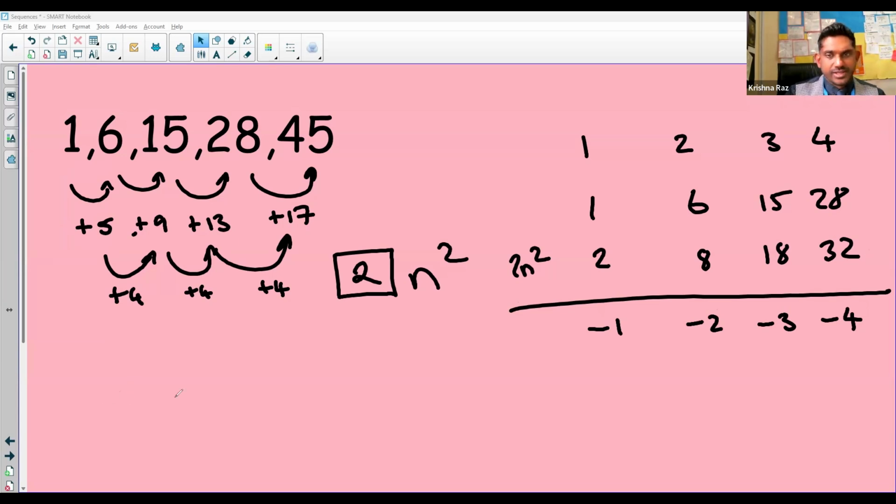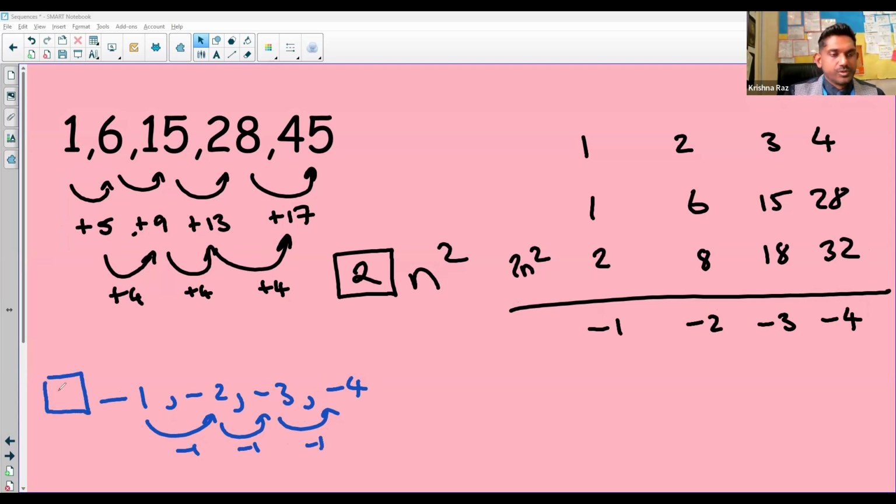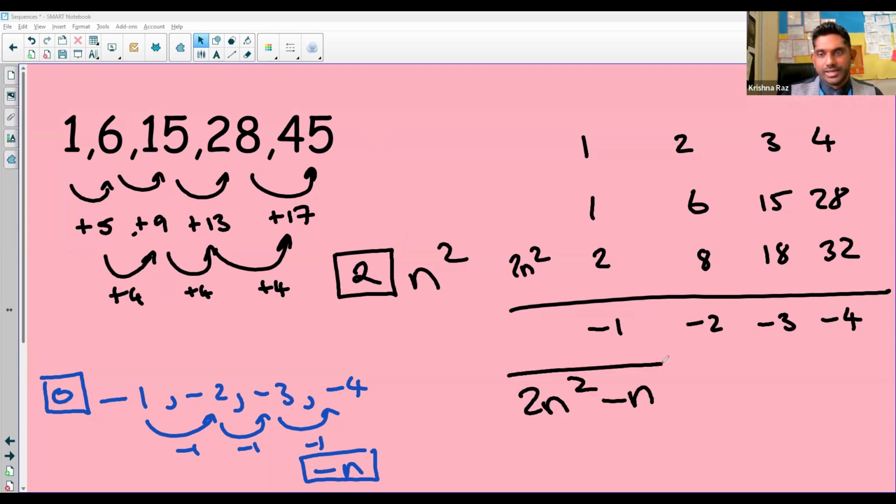Now we need to find the nth term of this, which is a linear sequence. It's going down in ones. The 0th term would be 0. So this can be described by minus 1n. So the final answer will be the two answers put together, which is 2n squared, take away n.